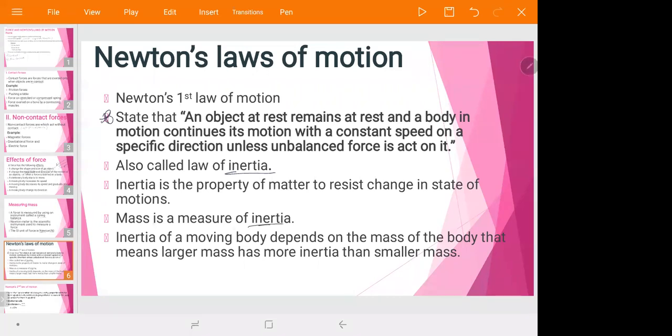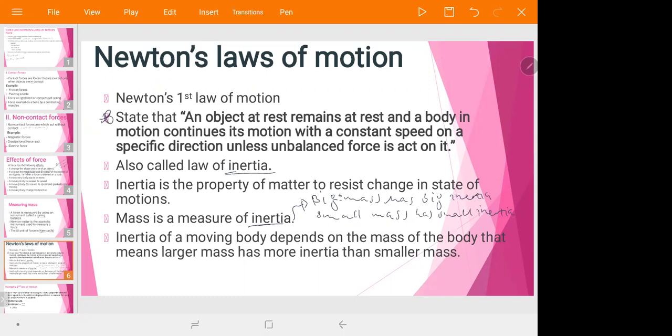Mass is the measure of inertia means a big mass has big inertia, and a small mass has small inertia. So mass is the measure of inertia.